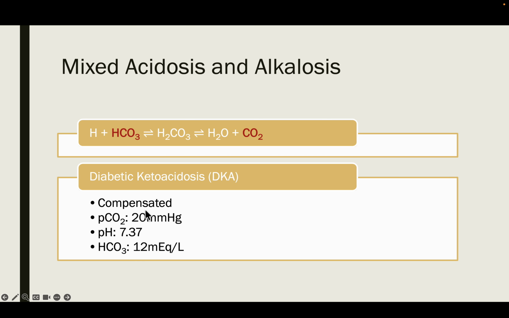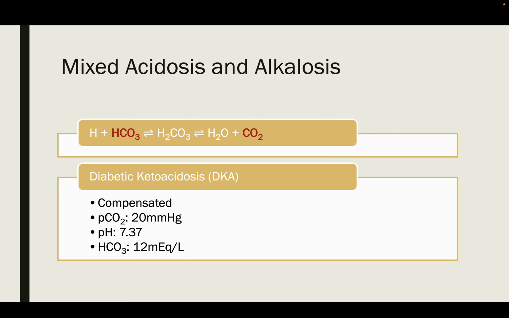So we see a carbon dioxide level of 20, and that low carbon dioxide level is trying to pull up the pH into a normal range, and here we've got that back in the normal range. The pH is 7.37. So we've got a normal range pH, but both carbon dioxide and bicarb are wonky. They're both outside their normal ranges.